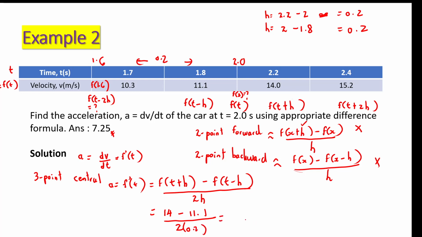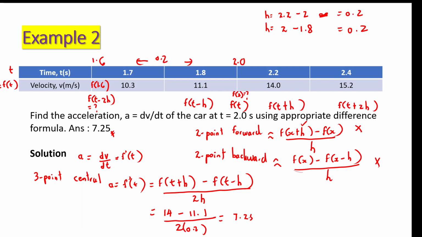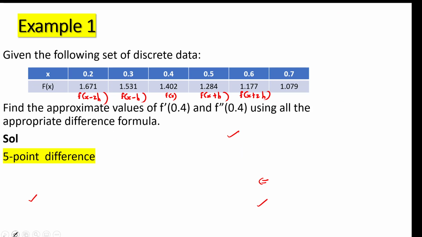Then calculate it. Do you get 7.25? Yes. Okay, how about 3-point forward and 3-point backward? No, because we don't know. We cannot. Look back, this is the second derivative.